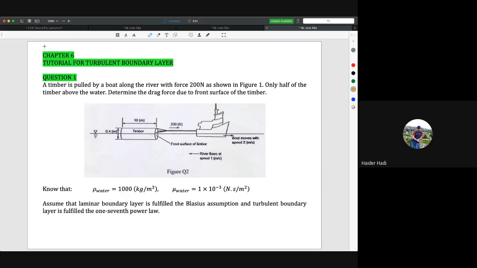Do we add or subtract the relative velocity? You need to deduct. If the boat is 2 meters per second in this direction, and the river is flowing in the same direction at 1 meter per second, let's say, the relative velocity is equal to 1 meter per second. Thank you, doctor. Please make sure of this one.